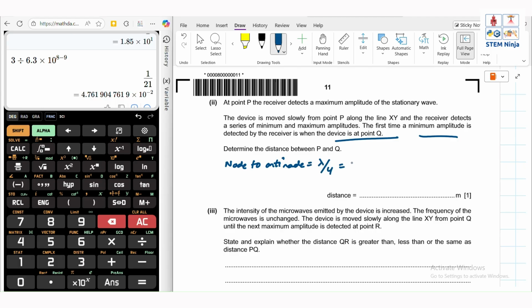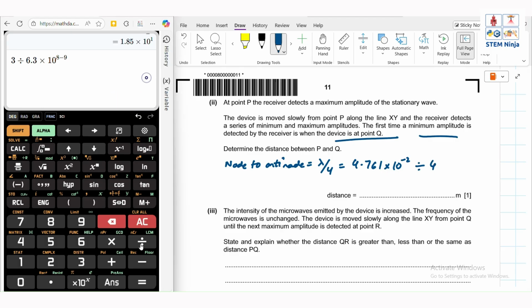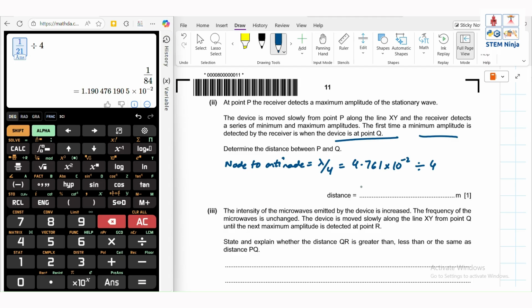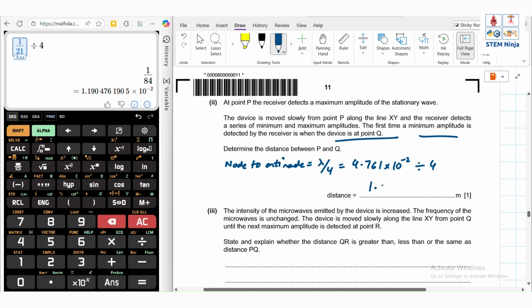We have found the wavelength, 4.761 times 10 raised to power minus 2 divided by 4. So this divided by 4, we get 1.2 times 10 raised to power minus 2.